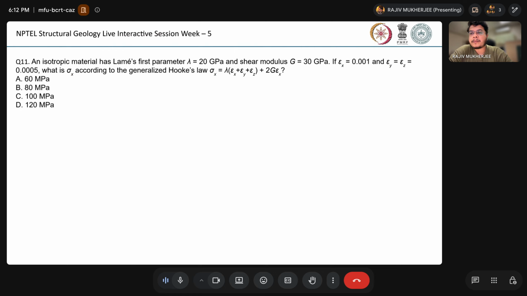So an isotropic material has Lame's first parameter lambda equal to 20 GPa and the shear modulus G equal to 30 GPa.